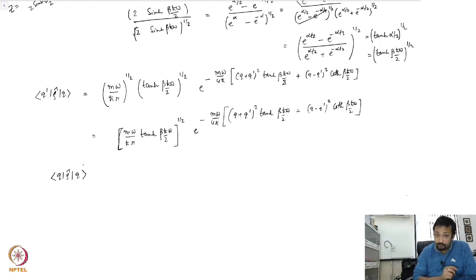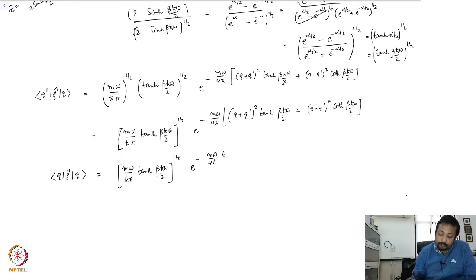We have seen this for the ideal gas, a single free particle, where this corresponded to 1 by V. Here this corresponds to m omega over h bar times pi, and then I have tan hyperbolic beta h bar omega raised to the power half e to the power minus m omega over 4h bar.